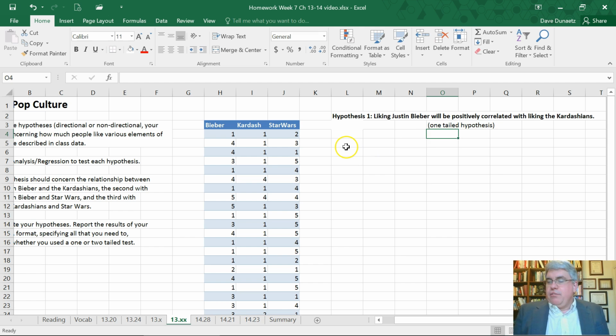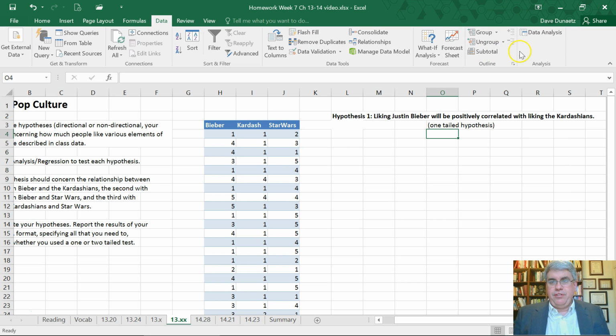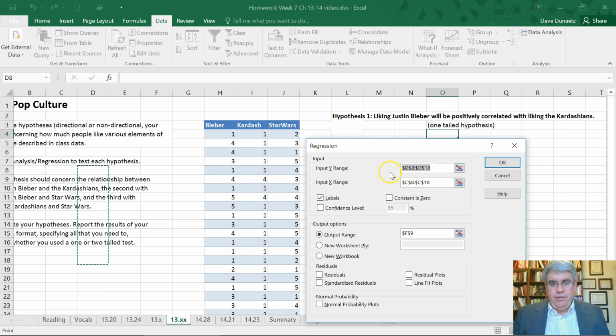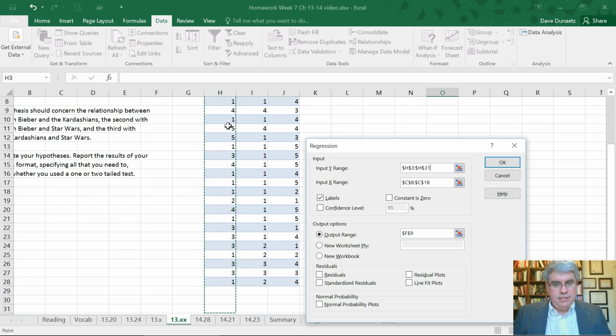All right, now let's run the data. Let's go to data analysis and regression analysis to get both the correlation and the probability. We're going to do regression because correlation doesn't give us the p-value. So the input range is going to be Justin Bieber. We'll choose all the Justin Bieber data.